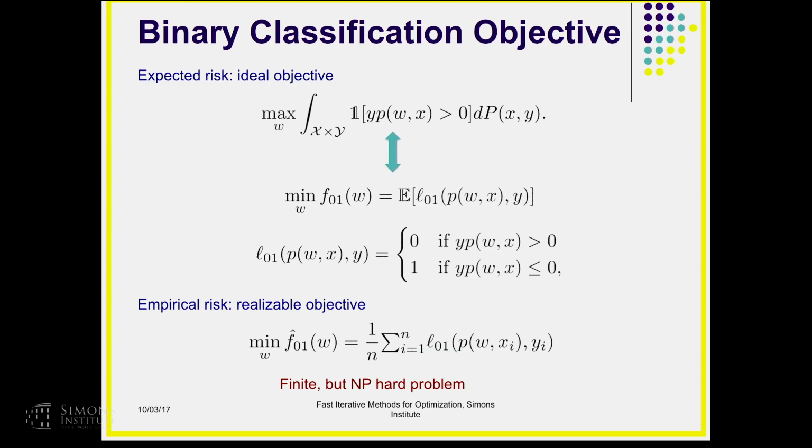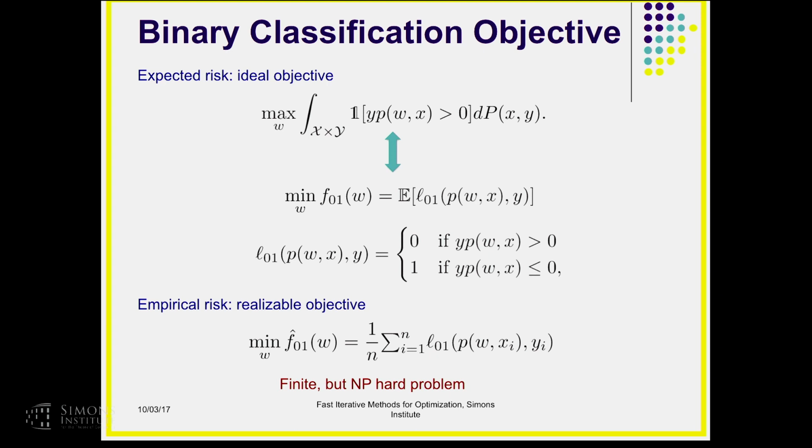But I'm going to talk about binary classification exclusively. In the case of binary classification, it's a very specific thing that you want to optimize: the probability that your label and your predictor have the same sign. The labels are plus or minus 1, so you want to predict the correct sign of the label.